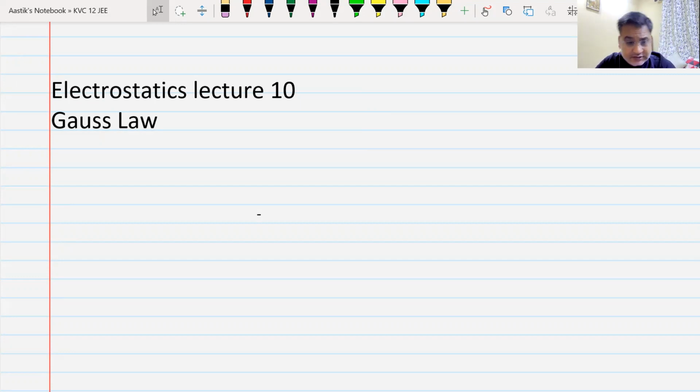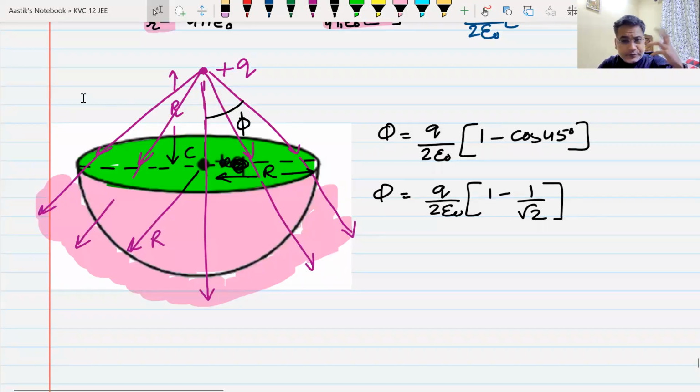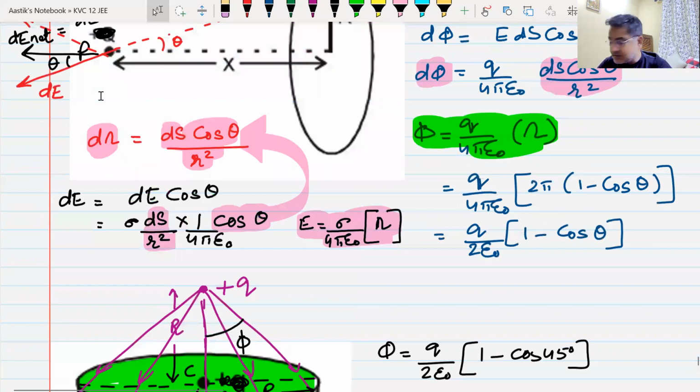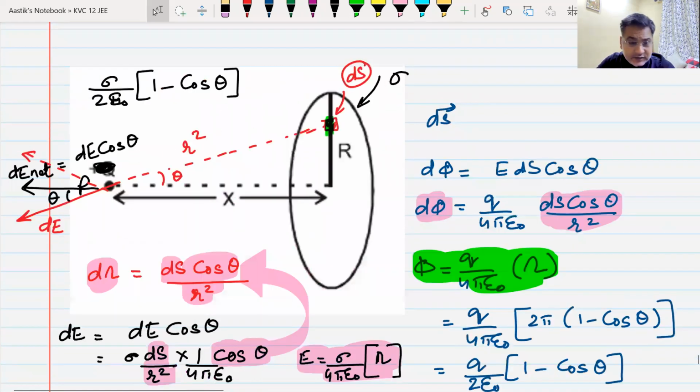In the last class, we had dealt with some very typical, great questions where we had found out the flux due to a point charge and flux due to different charge combinations, and we had also seen the solid angle.